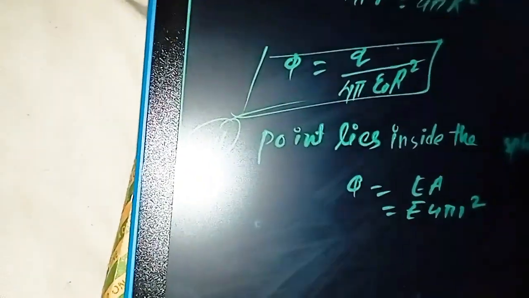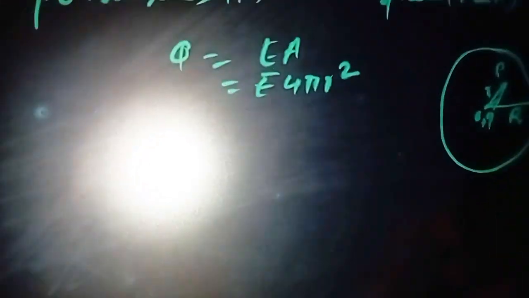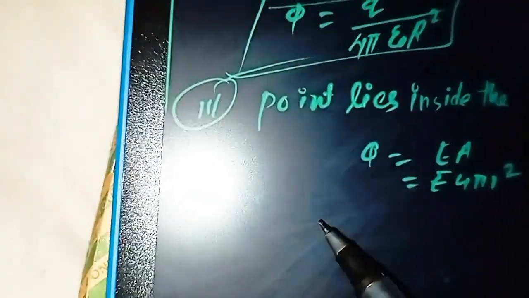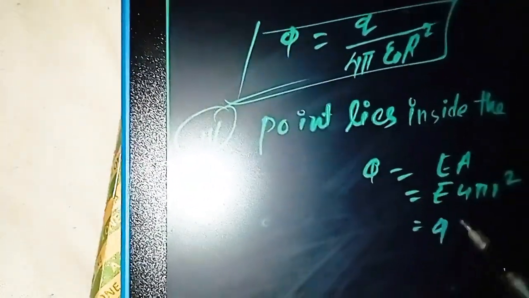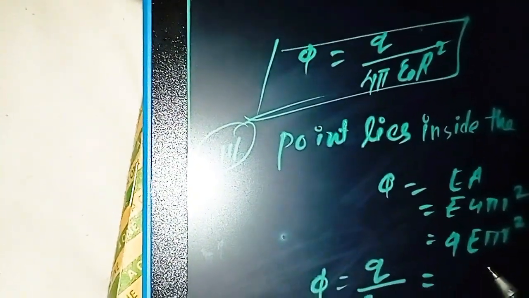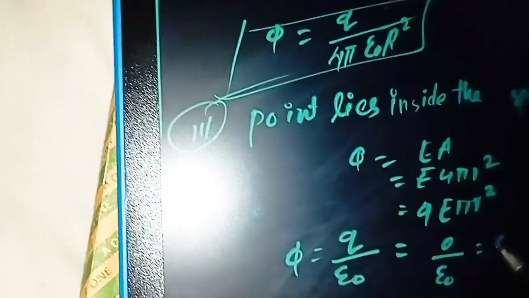The distance between O and P is small r. So from Gauss theorem, phi is equal to Q by epsilon naught. The charge is 0, so 0 by epsilon naught is 0.